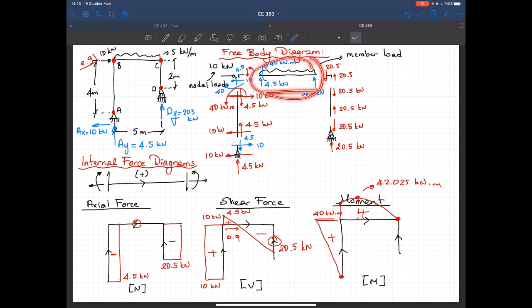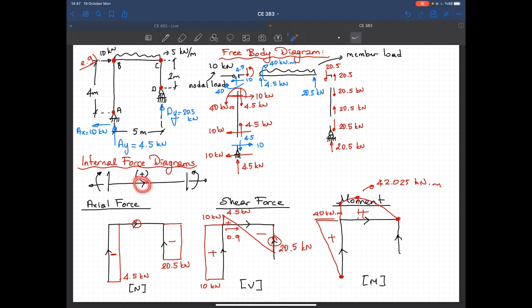Let's consider this member, for example. Once we have that free body diagram, you can just consider these two forces as your support reactions with an end moment that's equal to 40 kilonewton meters. So drawing the internal force diagrams is exactly the same as drawing the internal force diagram for a simply supported beam.